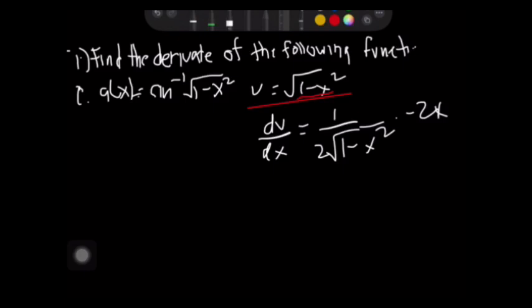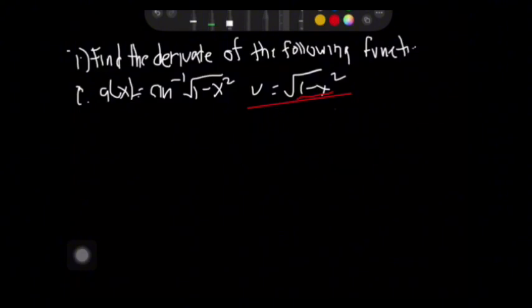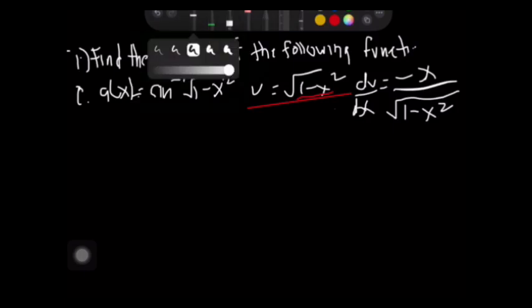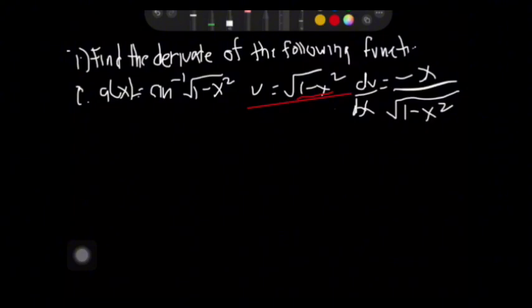We can cancel the negative 2 and 2, so we have du over dx is equal to negative x over the square root of 1 minus x squared. Now we're going to substitute that u and du over dx into the derivative formula, which I wrote earlier.